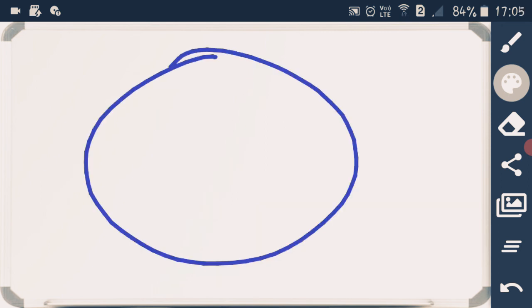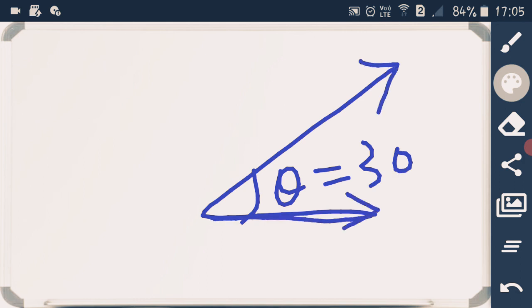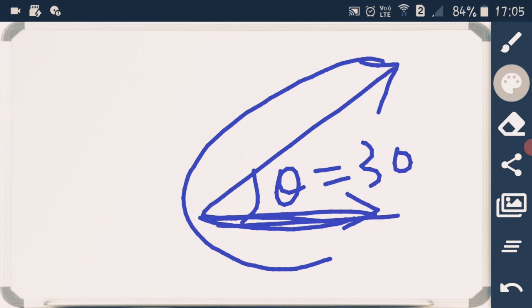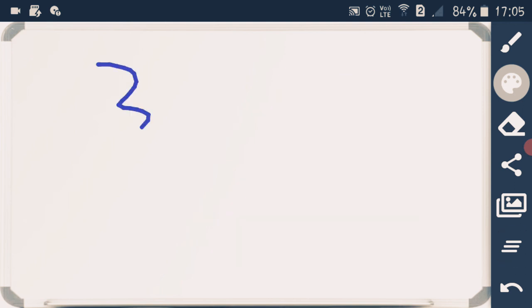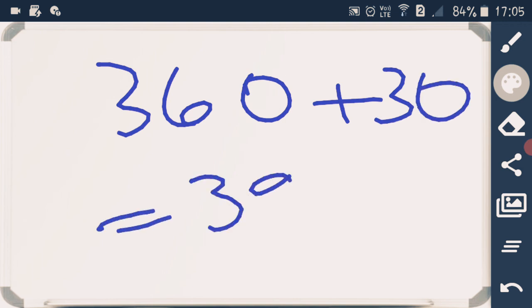Remember this. Now if I take an example, suppose this whole circle, for rotating, it is 360 degrees. From this circle, suppose I take an angle, theta is 30 degrees. From its initial position it is moving like this, okay, it is becoming 30 degrees. So what you will do, you will add 360 plus 30, which will give you 390.